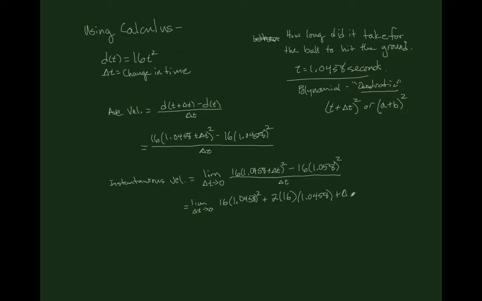It's hard to talk and do complicated mathematics. Oh, I lost my 4 here. Shoot, there's a 4 right there. 4.4058 squared. Now all of this is being divided by delta t.